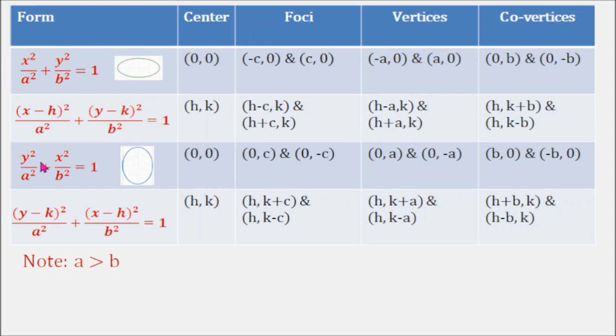While if our equation starts with y squared, like the third equation and the fourth equation, our ellipse is elongated vertically like this. So let's take note that A is always greater than B. Now we are going to use this table in finding the center, the foci, the vertices, and co-vertices of ellipse.